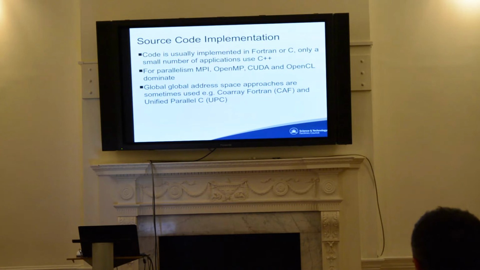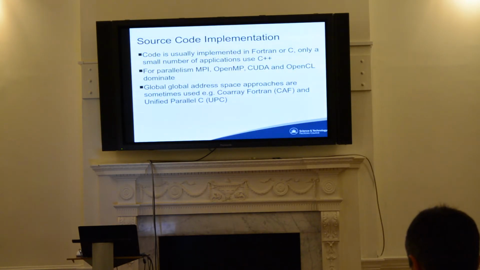So as I mentioned earlier, code is usually implemented in Fortran or C. I think on the national services, roughly about 80 or 90% of the applications are Fortran based. There are quite a few C codes as well, but generally there are a very small number of applications that use C++.